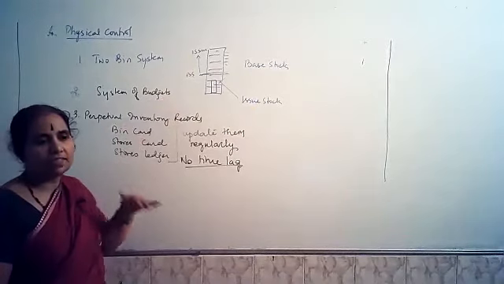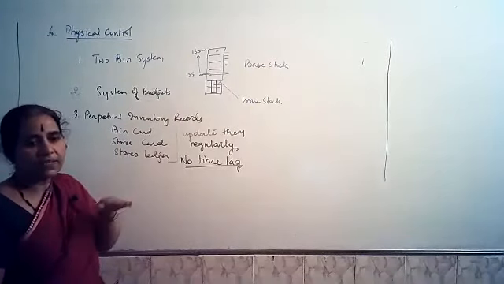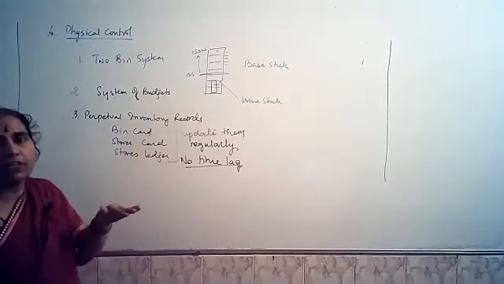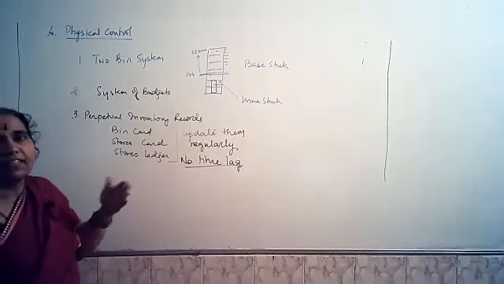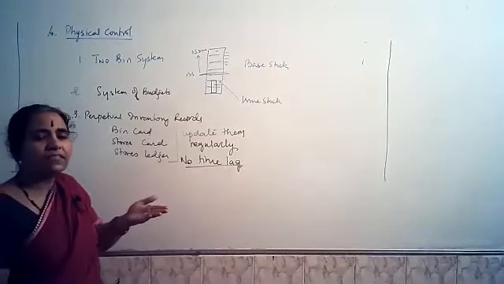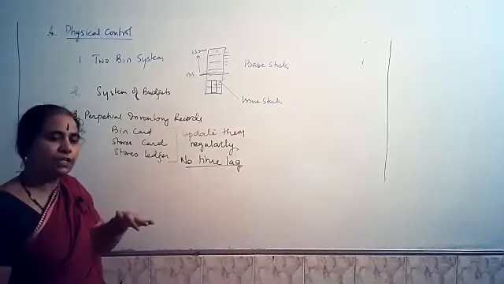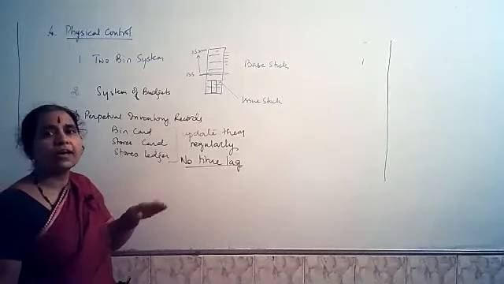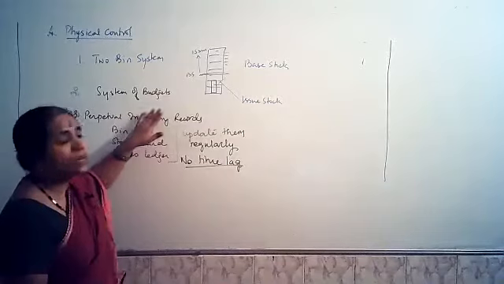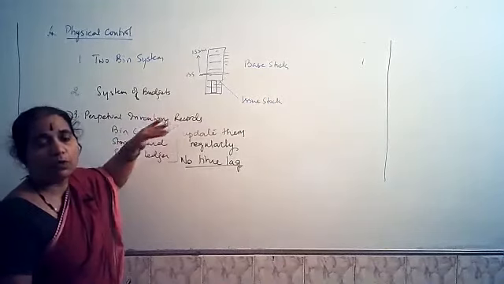You compare the standard which was set with the present scenario, and if there are any discrepancies, you take measures, correct the differences and get back to the same level at which you want to perform.